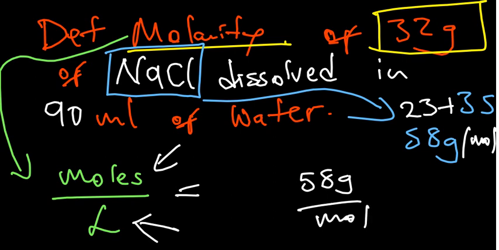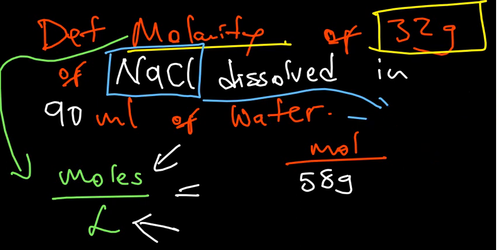Now you want to find the moles, so obviously you need the mole on top. So I'll take the mole on top, so that we have mole over 58 grams. Now we've been given the mass of this solute. The mass is 32, so we need to multiply so that the grams cancel out. Some of you know the formula and don't want to do what I'm doing, which shows that you're understanding chemistry.